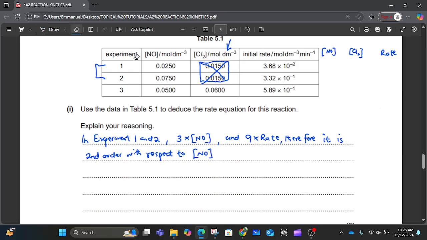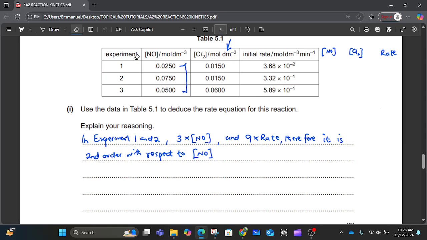But this time around, finding the order with respect to Cl2, there is no two concentrations for NO that are the same. So that means that we have to just use two experiments where the concentrations of NO are different.